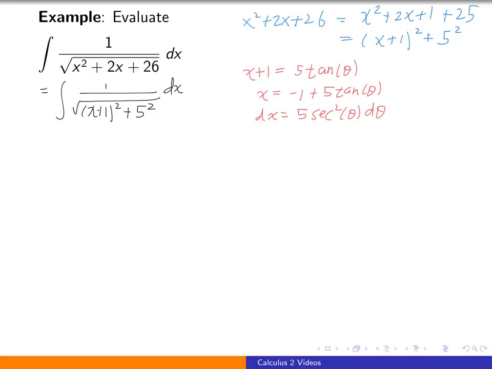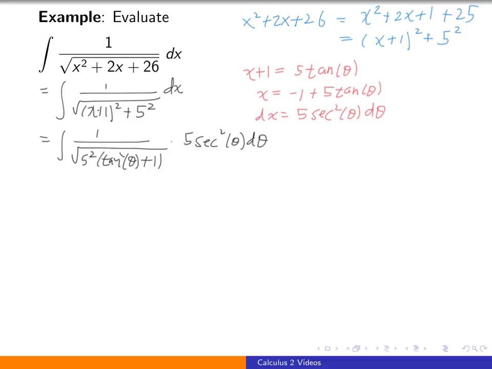So putting everything in terms of thetas, the x plus 1 is going to become 5 tangent theta. So we have the square root of 5 squared tangent squared theta plus 1, and the dx in this case is 5 secant squared theta d theta.